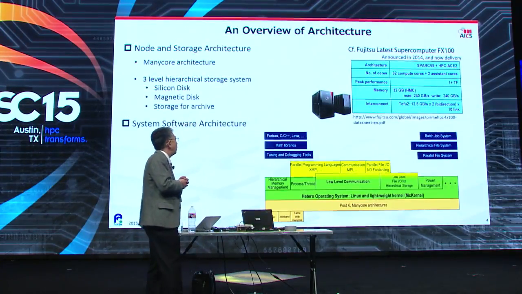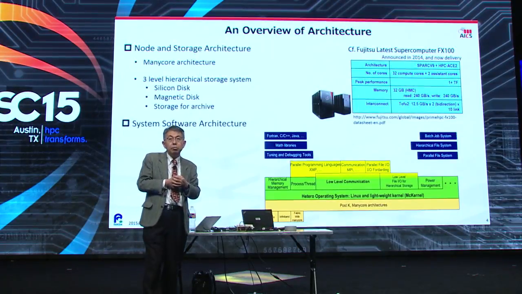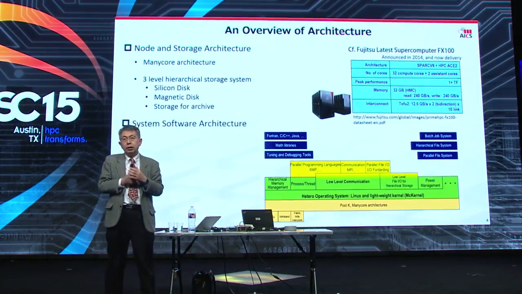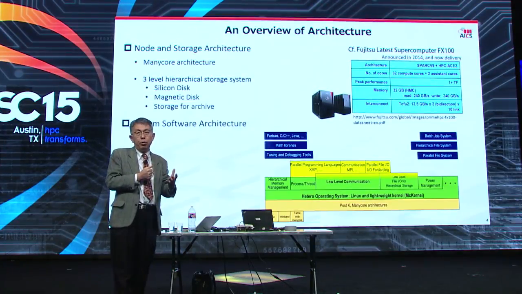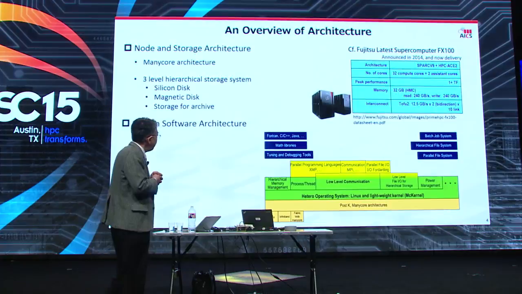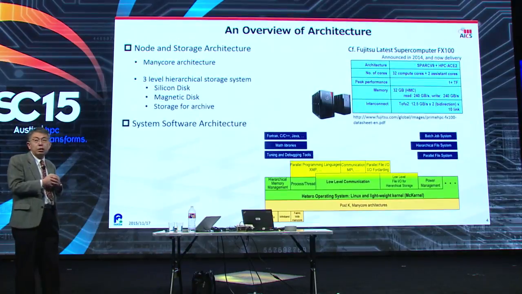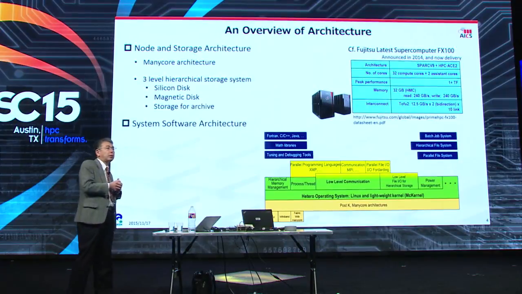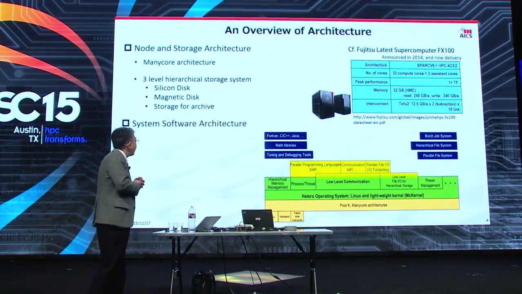And each node has 32 compute cores. In addition to that, 2 assistant cores are integrated. Those 2 cores are for running the operating system activities and daemons. The peak performance is over 1 teraflops, 32 gigabyte HMC technology is used, and the interconnect is the successor of the K computer's interconnect, called TOFU2.